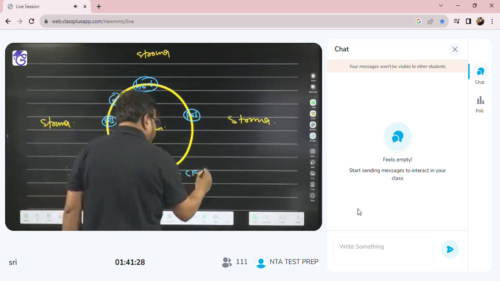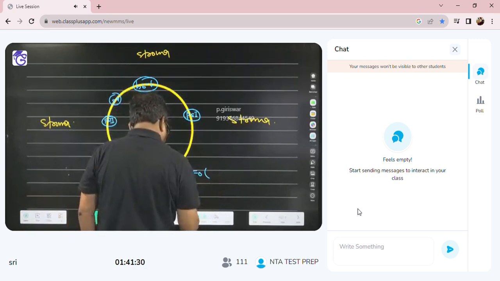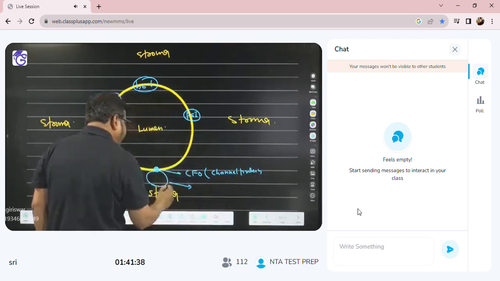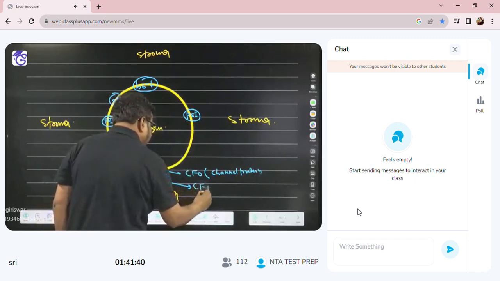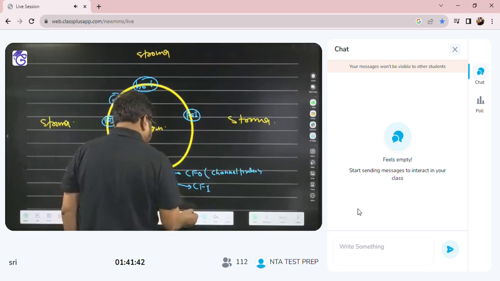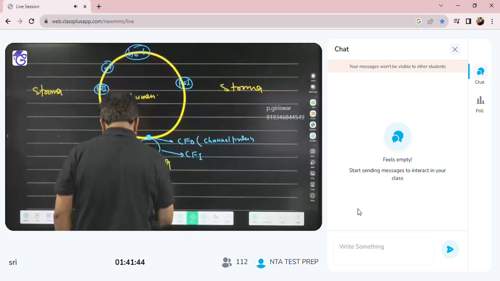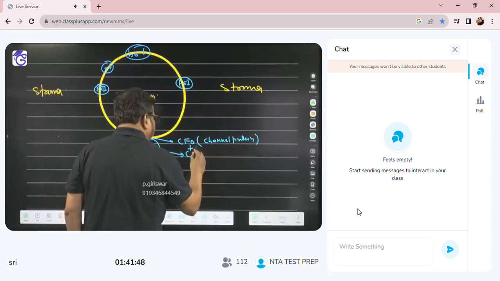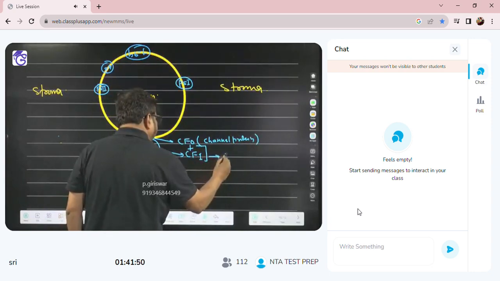It is a channel protein. And the part protruded in stroma is called CF1. Getting the thing? CF1. And together, CF1 plus CF0, it is called ATP synthase.